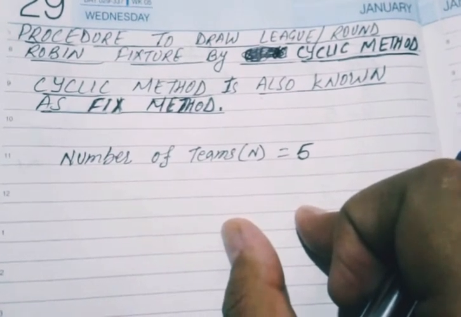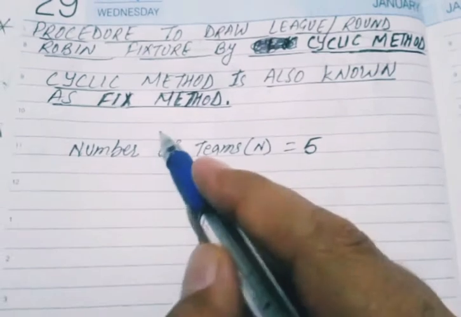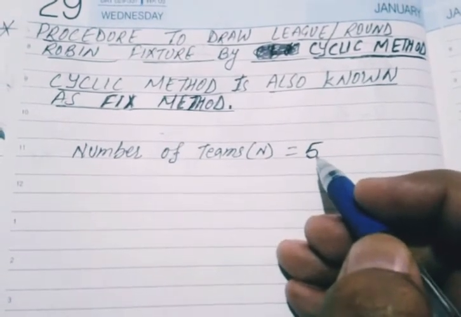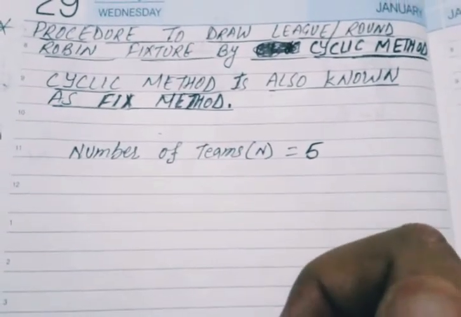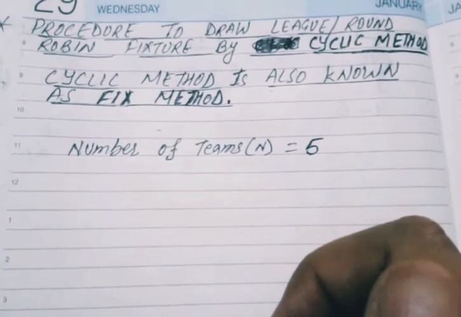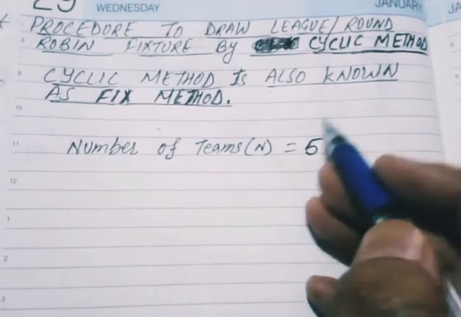First, as you know, the number of teams is equal to 5. Now the next step is to calculate the number of rounds here.